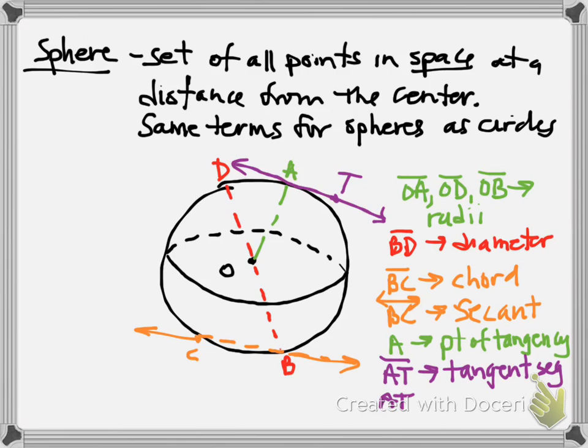Line AT is called a tangent. And what's the only thing I've forgotten? Yeah, the center. O is the center. Okay?